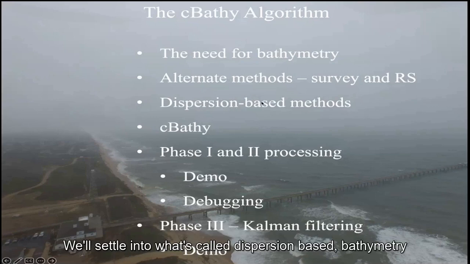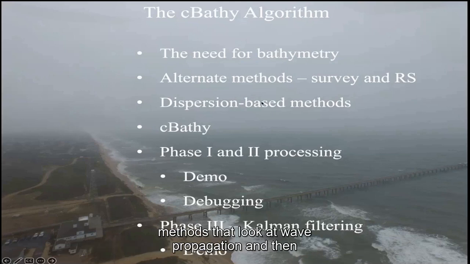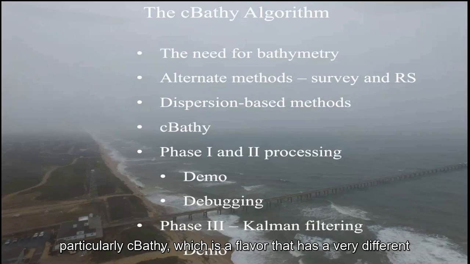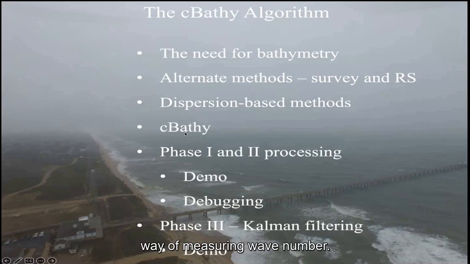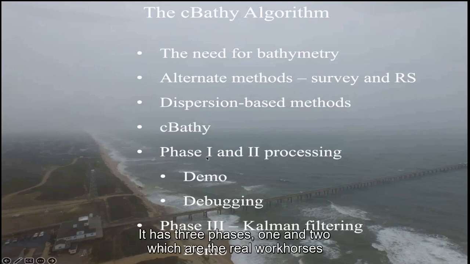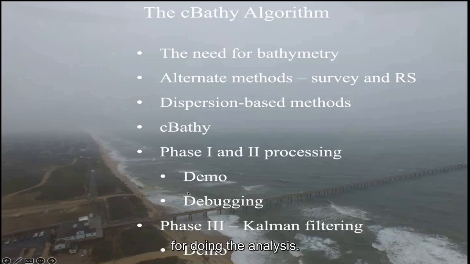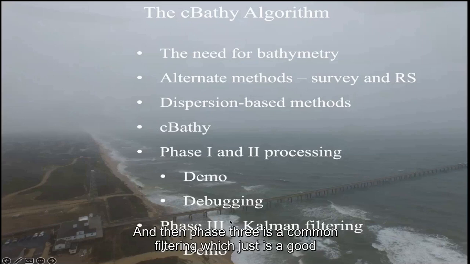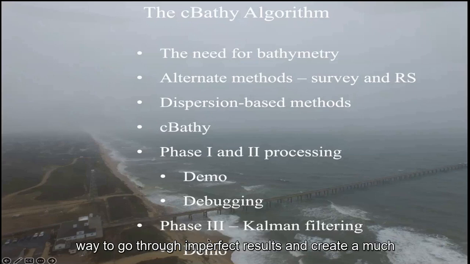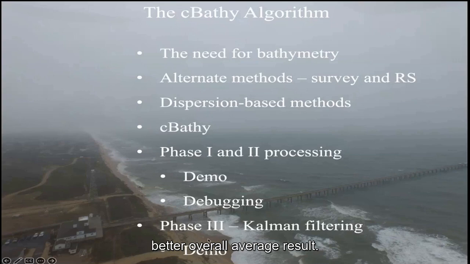We'll settle into what's called dispersion-based bathymetry methods that look at wave propagation, and then particularly cBathy, which is a flavor that has a very different way of measuring wave number. It has three phases, 1 and 2, which are the real workhorses for doing the analysis. And then phase 3 is a Kalman filtering, which is a good way to go through imperfect results and create a much better overall average result.